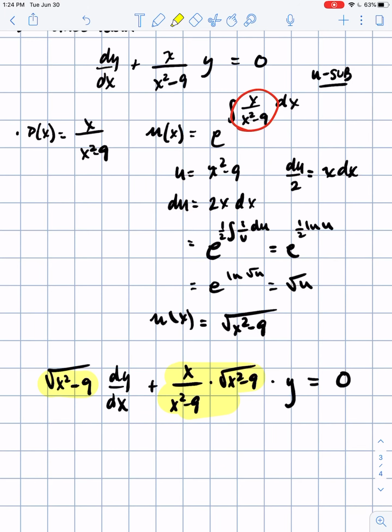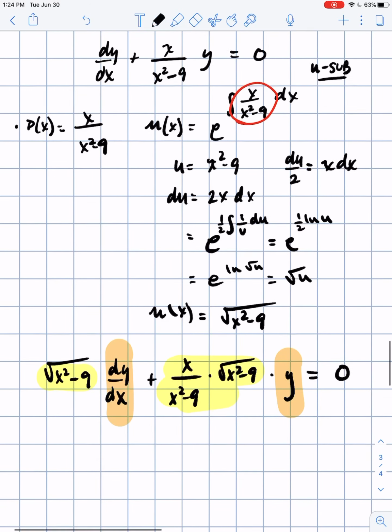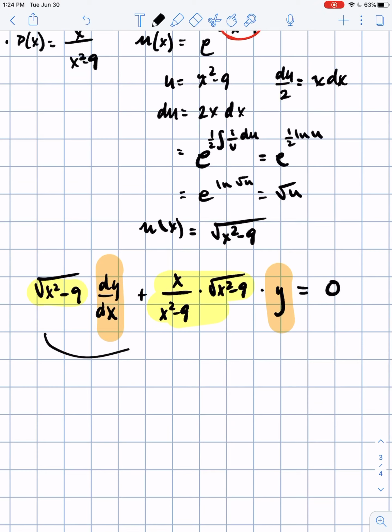There it is, okay? And what's your derivative of y? There it is, dy/dx. So everything is already there. You just have to put this in product rule. So you have y times the square root of x squared minus 9 equal to 0.